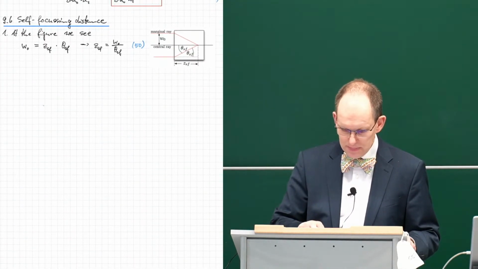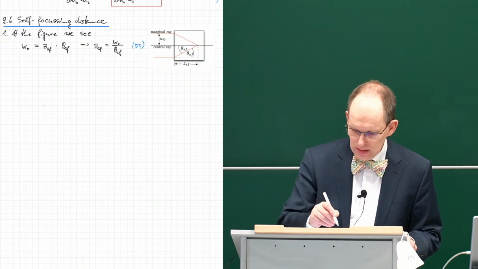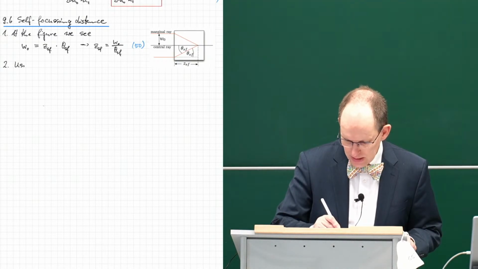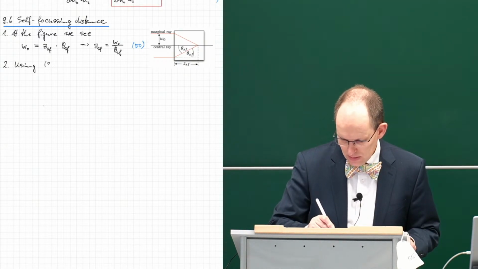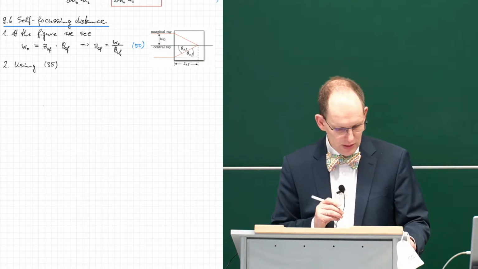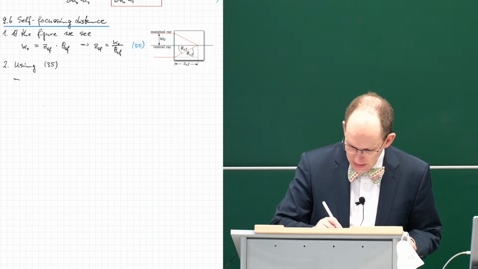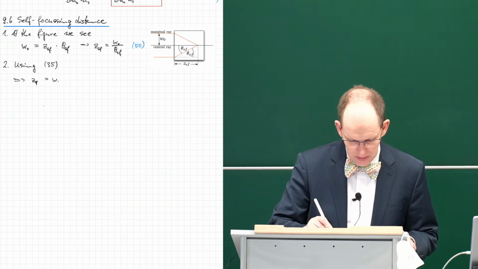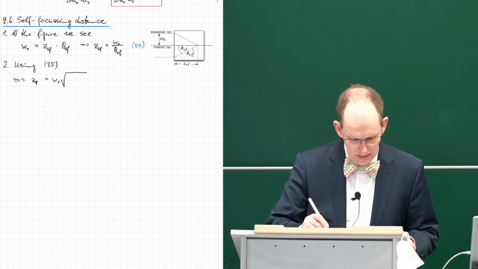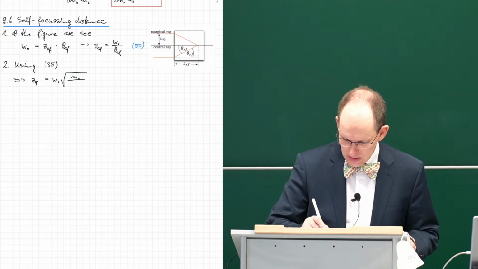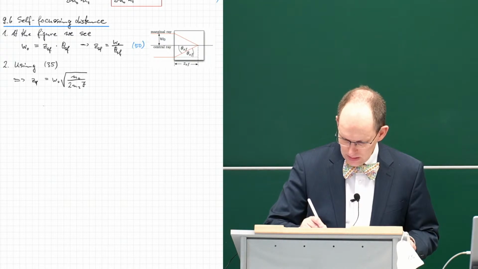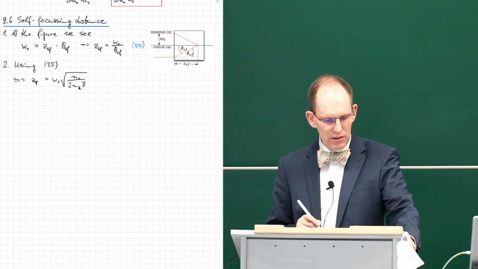So let's do that. Using 35, which is the expression for the self-focusing angle, we find that the self-focusing distance is W0 times square root of N0 over 2 times N2 times the intensity. And here you already see that it does depend on the radius.